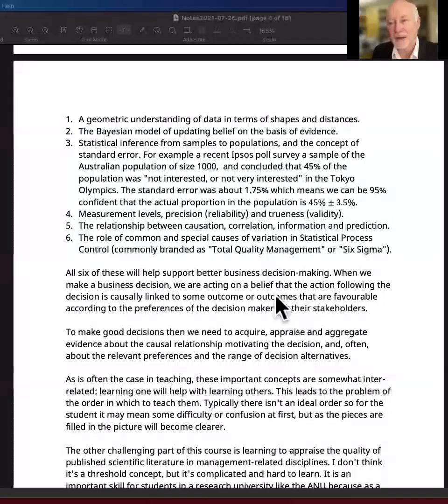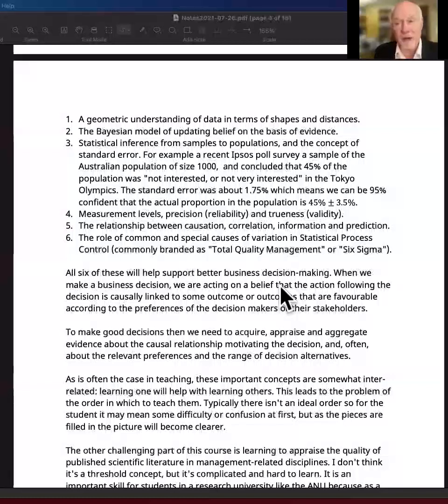The second one is the Bayesian model of updating belief on the basis of evidence. This is a core part of the sort of central logic of science, of how we take new evidence about things and we use it to test and change and update our belief. There is a strong mathematical basis to this.